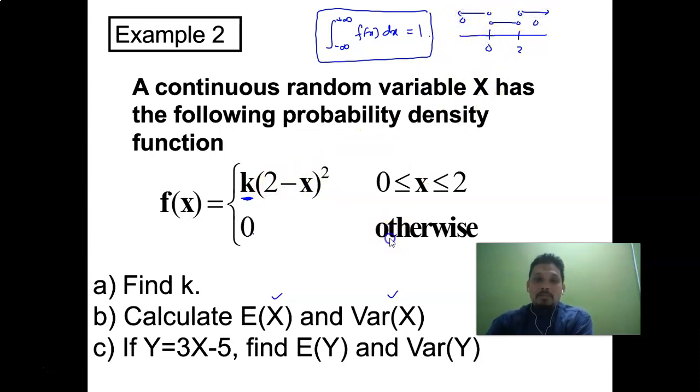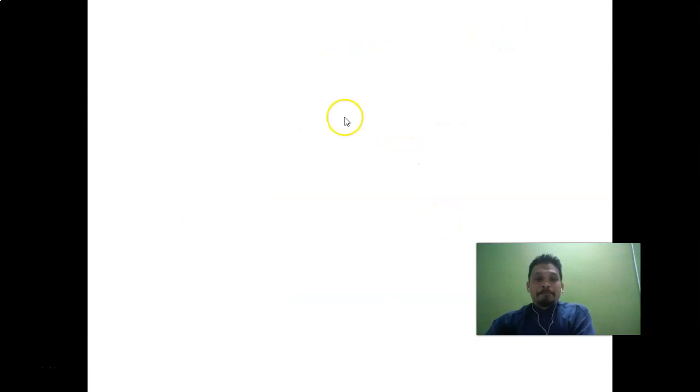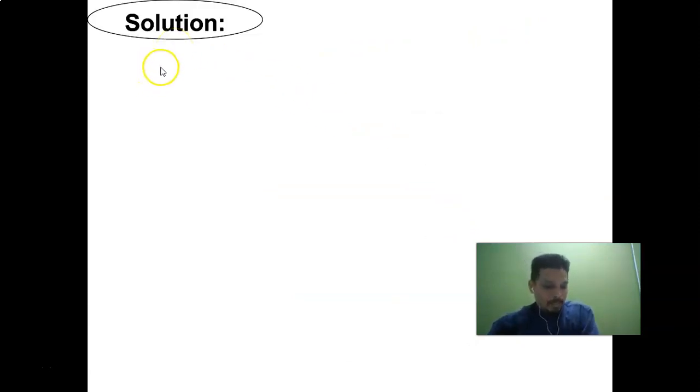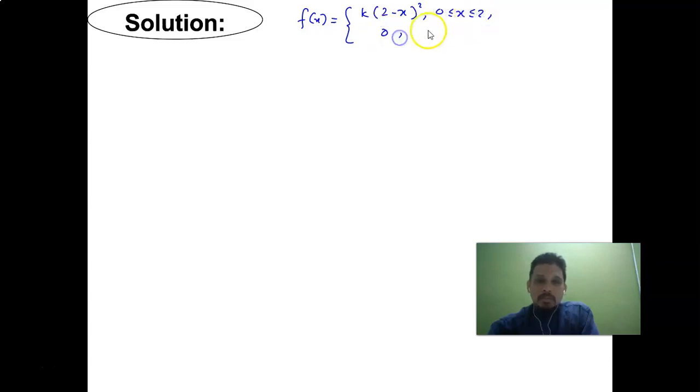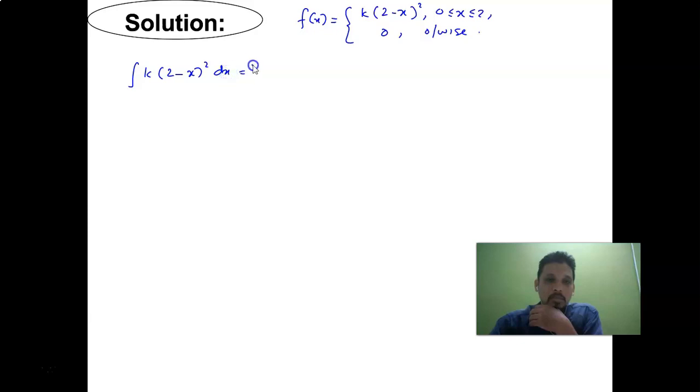So we may just concentrate on this domain only. f(x) equal to k(2 minus x) squared for x between 0 and 2, and 0 otherwise. So now the integral of k(2 minus x) squared dx from 0 until 2 equal to 1.